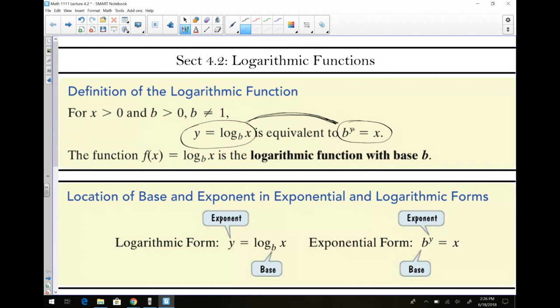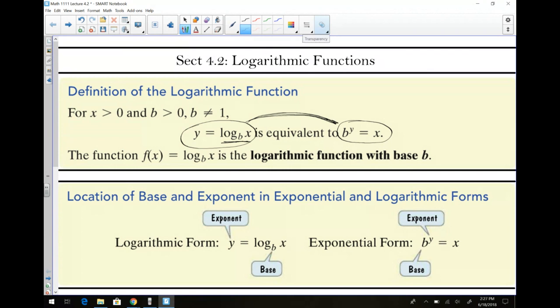So notice that the y here is the exponent. So the way that we say this is log base b of x. It's not log b of x. It's log base b of x.